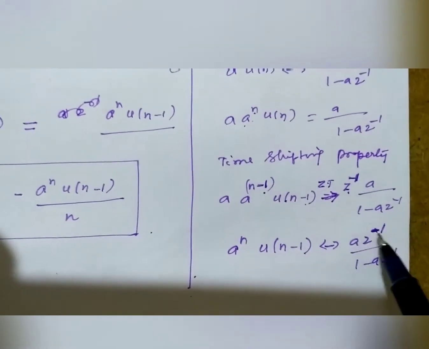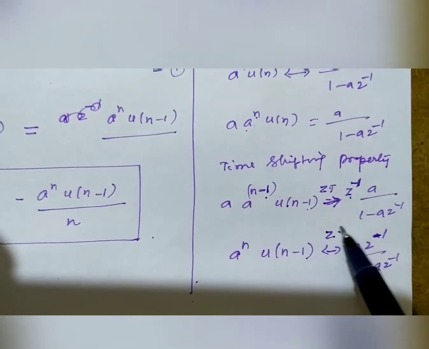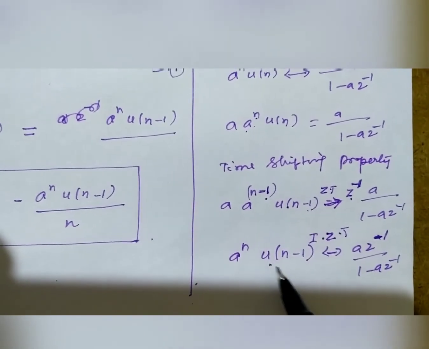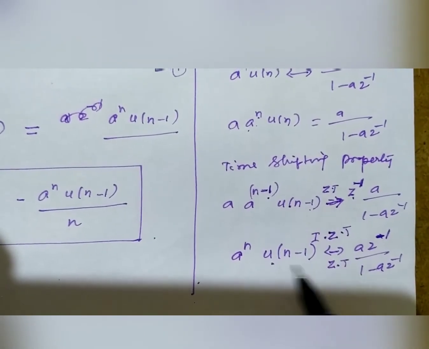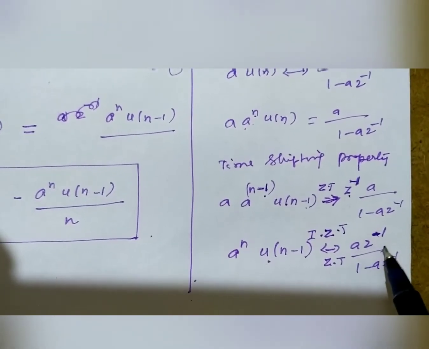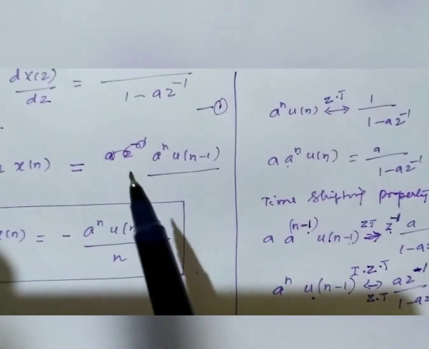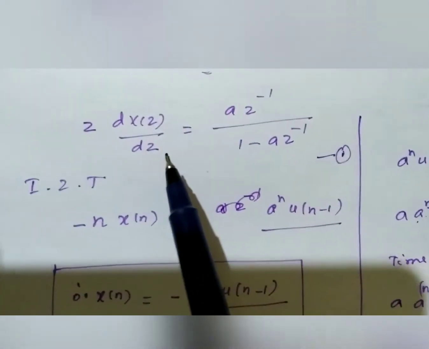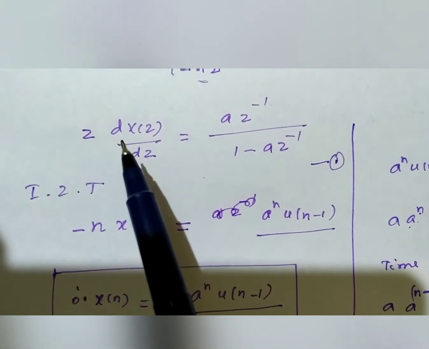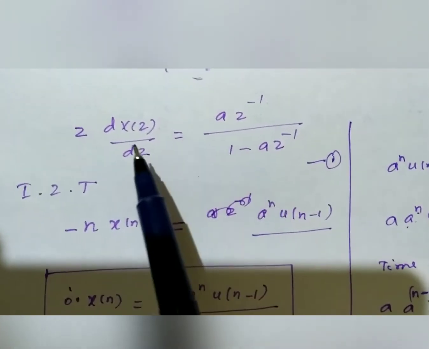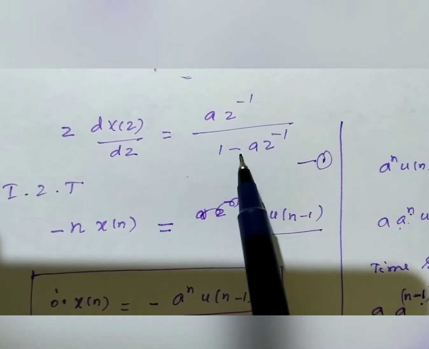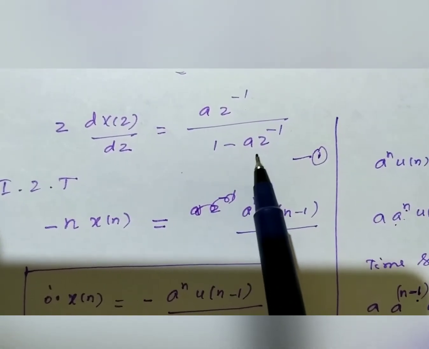So for this function we have the inverse z transform as this. A times z^(-1) divided by 1 minus a z inverse.